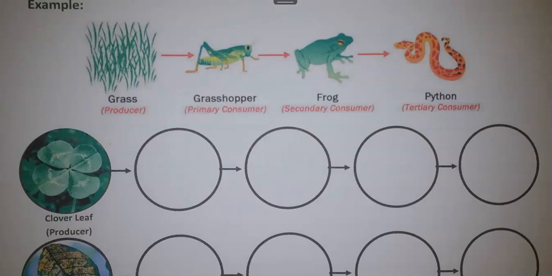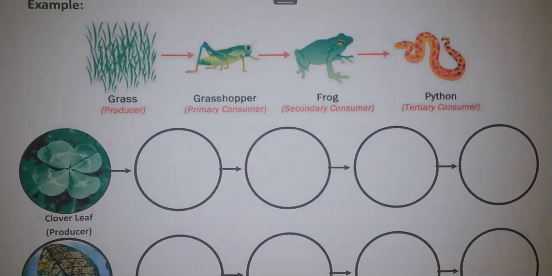For example, here it tells me that our primary consumer for a clover, so the one that eats the clover, would be a snail.